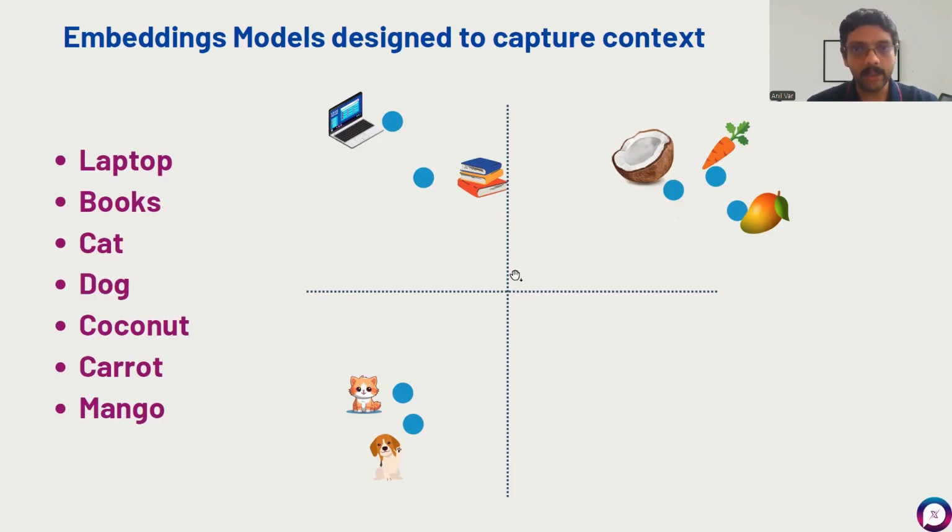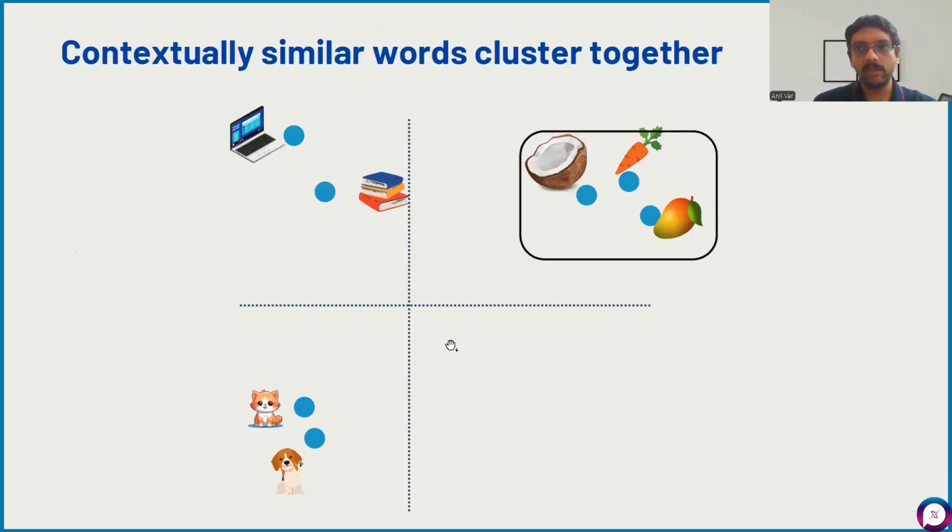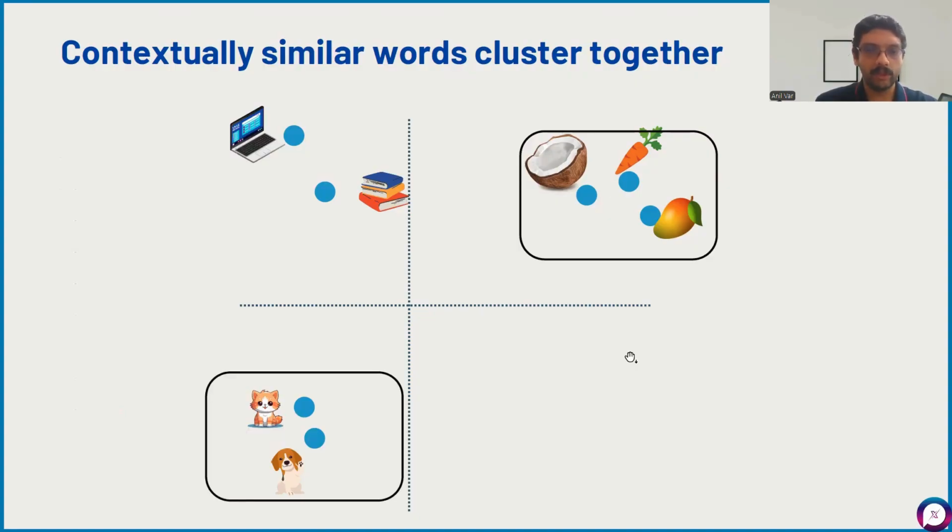But they're constructed in a way where, as you can see, words that are contextually similar cluster together, which means the embedding model has captured the essence of these words. The fruits and vegetables are clustering together. The animals, the cat and the dog, are clustered together. Things like laptop and books are away from the fruits and vegetables and from the cat and the dog.